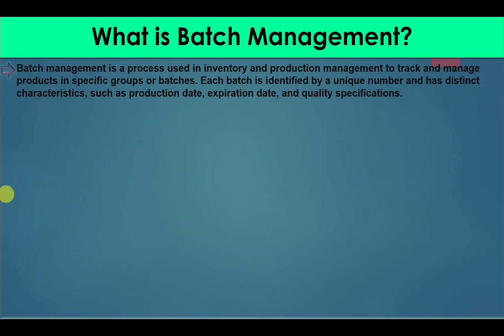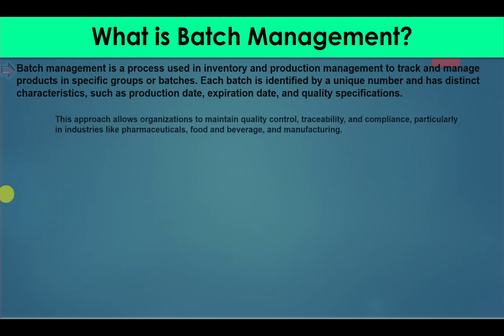An example of this is what characteristics we use for a batch. It is things like production date, expiration date, or some quality specifications like portion or weight or potency, that kind of thing.